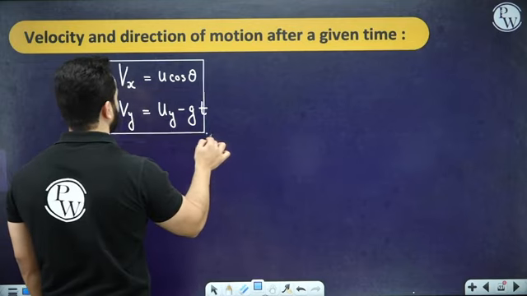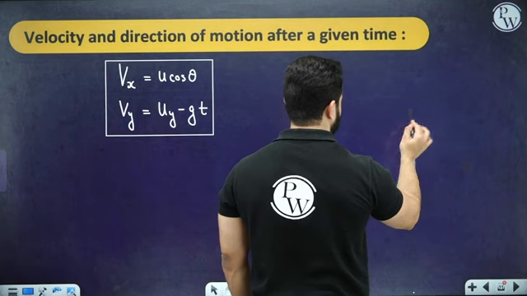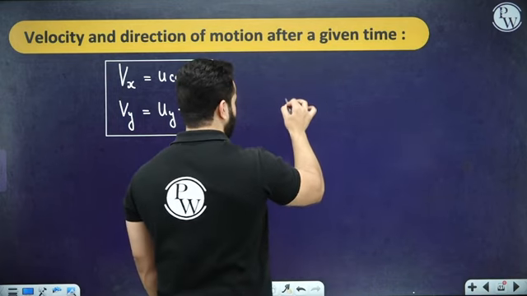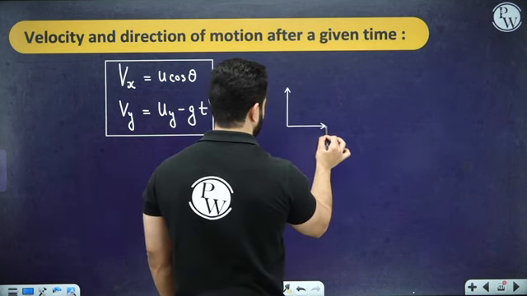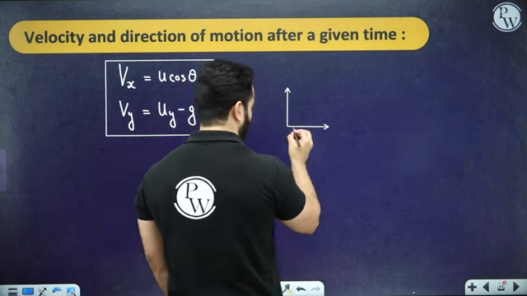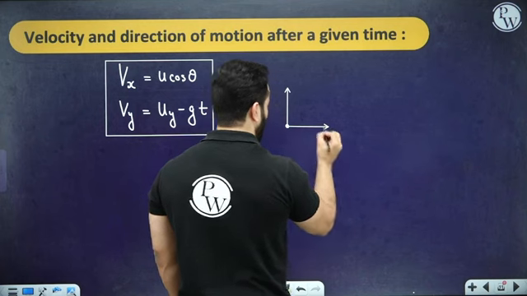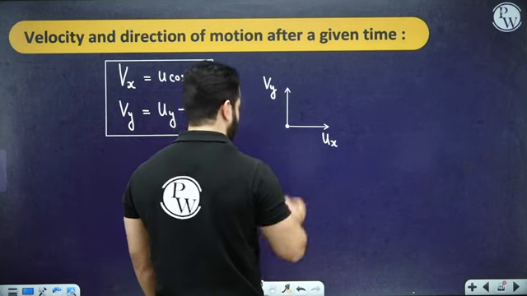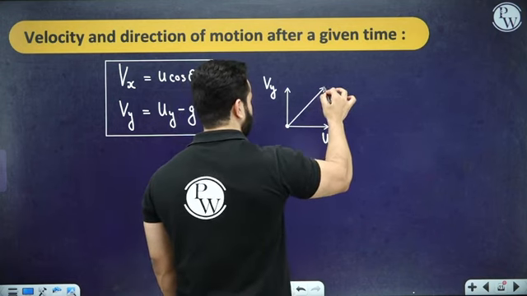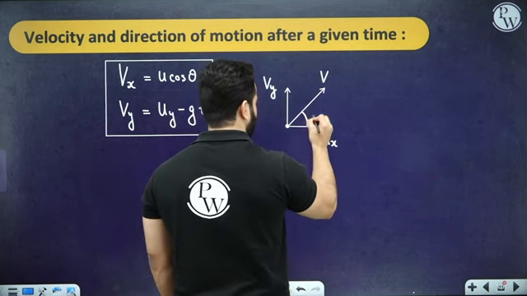And let's suppose that at any point the velocities are something like this. There can be two things. One is that the velocity can be something like this. I'm not drawing the whole diagram again and again. This is ux, this is vy, so the net velocity is going to be this, let's say this is v, and let's say this angle is alpha.